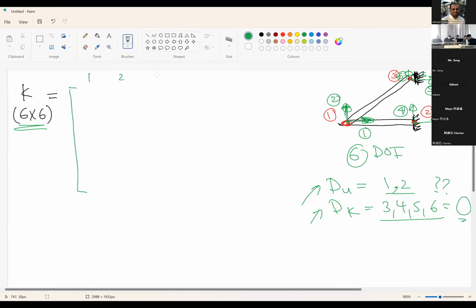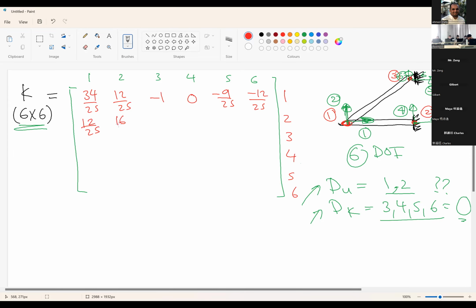We have 1, 2, 3, 4, 5, 6. So we have 34 over 25, 12 over 25, negative 1, 0, negative 9 over 25, negative 12 over 25. Then the next row is 12 over 25, 16 over 25, 0, 0, negative 12 over 25, negative 16 over 25.